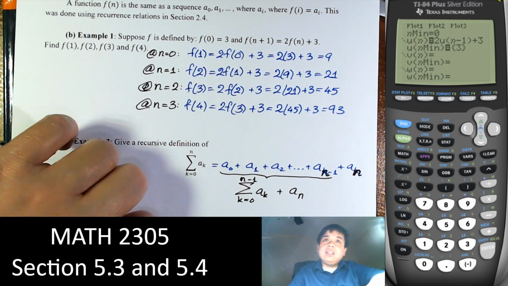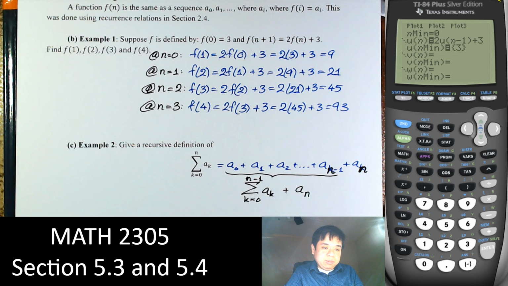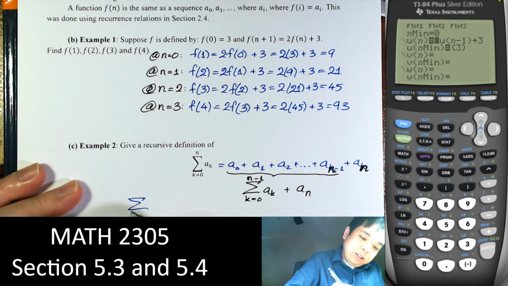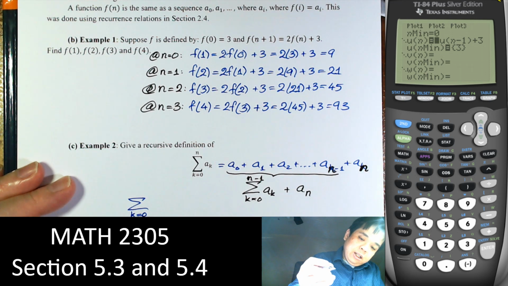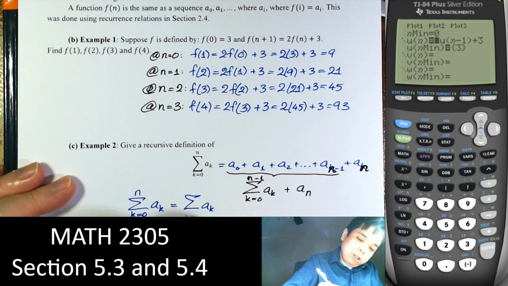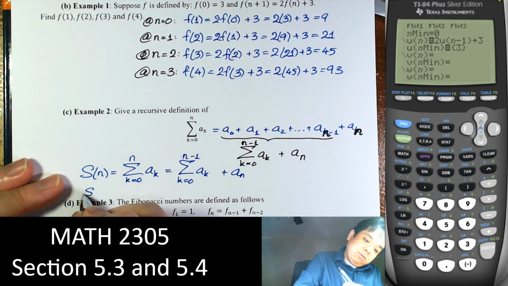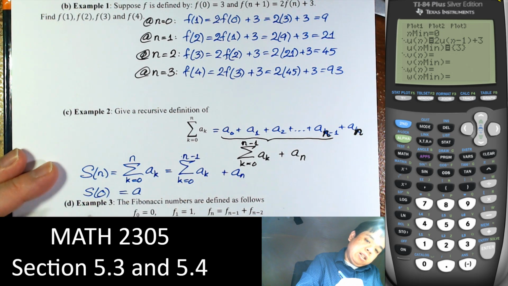Yeah, so that summation is equal to this summation. And so the recursive definition we have is equal to the sum up to n minus 1 plus h of n. And we can write this as s of n, and we say s of 0 is equal to a0.